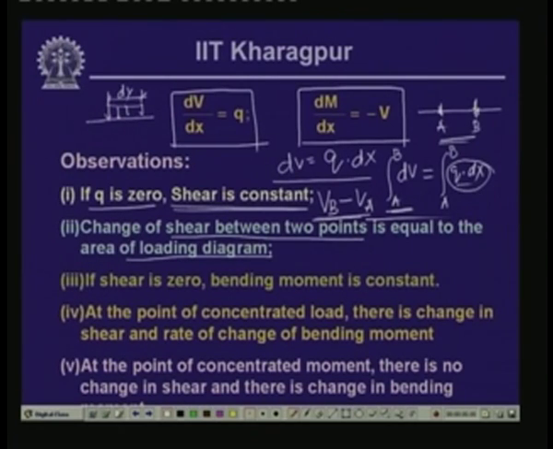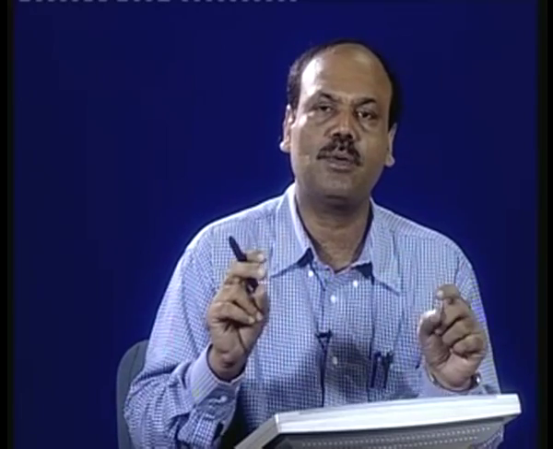So, integrated between A and B, this is nothing but the area of the load between points A and B, and that is equal to the difference in shear between points B and A. So, on the beam, if you have a uniformly distributed load, then the difference in shear between these 2 points B and A is equal to the area of the loading diagram between B and A.